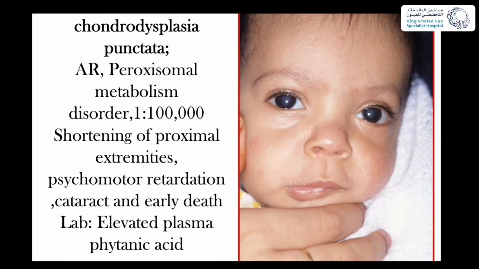This is a case of familial chondrodysplasia punctata, autosomal recessive. Usually these kids have psychomotor retardation, cataract, and early death, and usually they have elevated plasma phytanic acid. Most of these kids will die before 5 years of age.